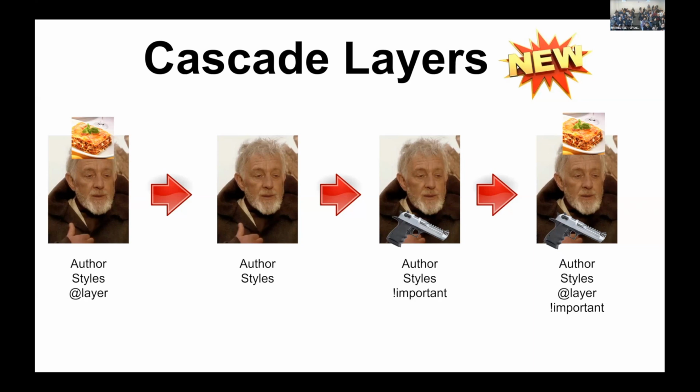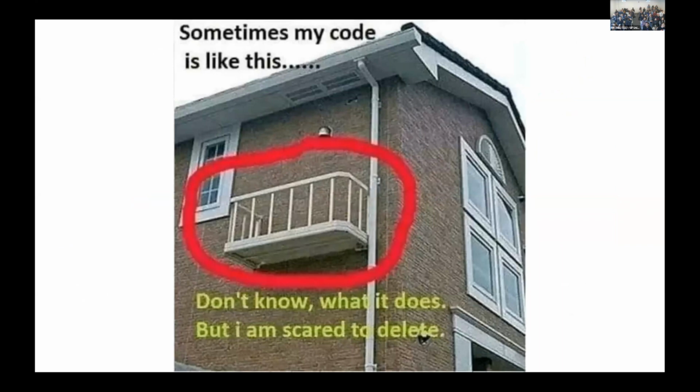And you can have the layers in certain orders, and you could have your frameworks up the top and then have your CSS underneath, maybe in a layer or not in a layer, and yours is applied after theirs. So you can override without having to use important. So your code won't end up being like this.